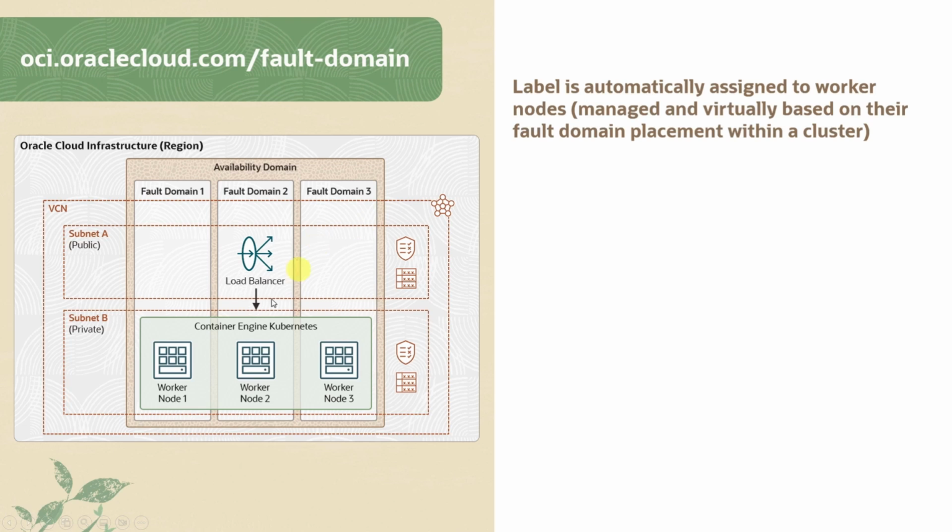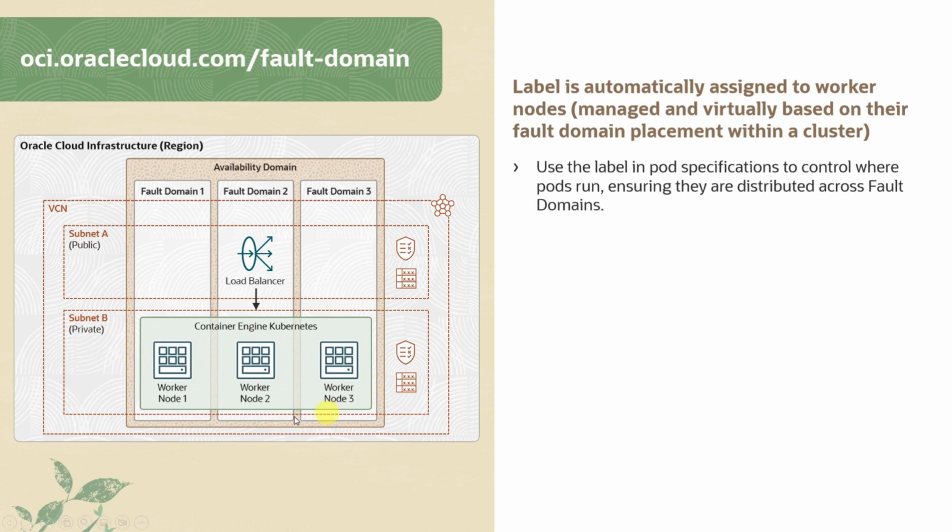This ensures that each node is accurately labeled according to its fault domain. Leverage this label in pod specifications to have precise control over where pods run within the cluster. By using this label, you can dictate the distribution of pods across fault domains, optimizing workload distribution.